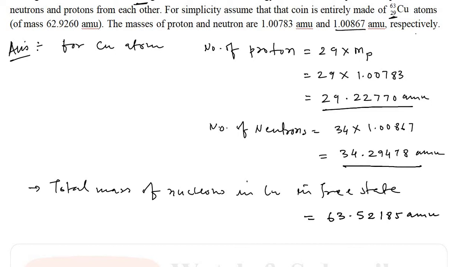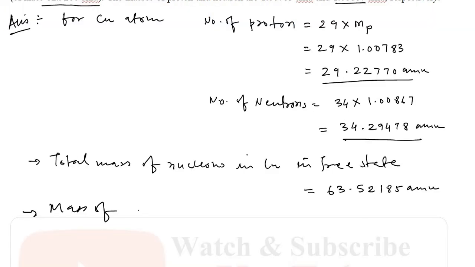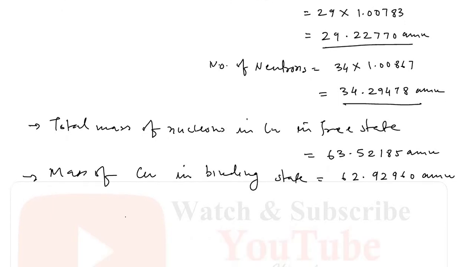And you know the mass of the copper atom in the binding state is already given to you: mass of Cu in the binding state, when the nucleons make the atom, is equal to 62.92960 AMU.